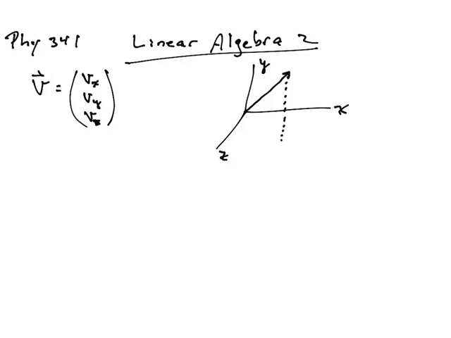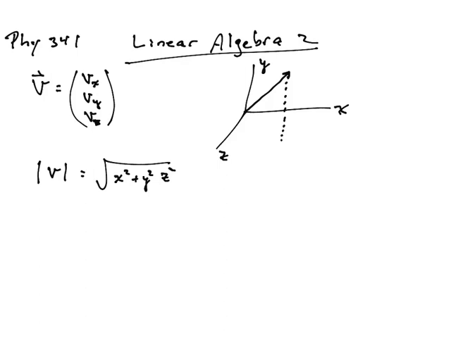And we also saw we can find the length of our vector, or the magnitude of our vector, and that's basically the Pythagorean theorem. We saw that the length of a vector, you could call it like this, is the square root of the x component squared plus the y component squared plus the z component squared.